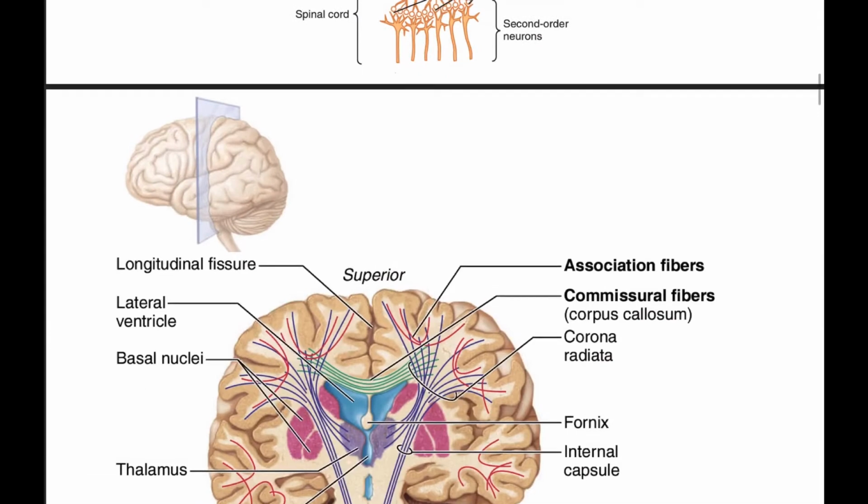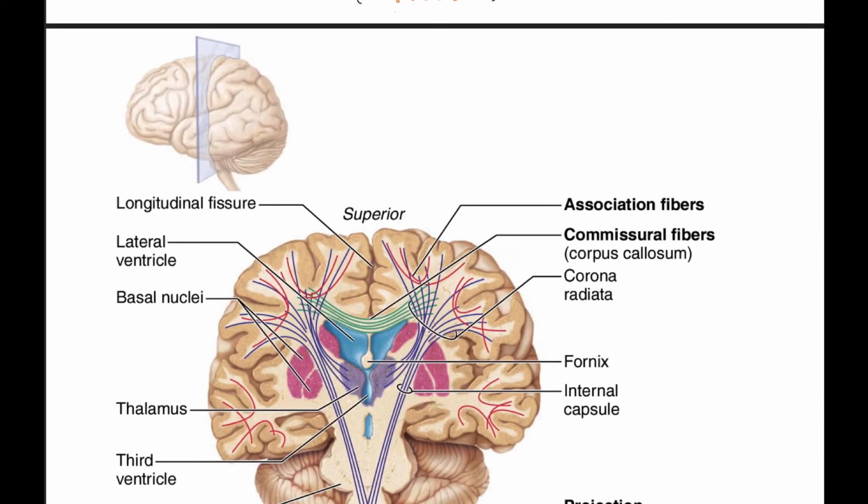The white matter distributed cephalocaudal, that is from top to bottom, in vertical position, forms the ascending and descending tracts. If the white matter is distributed from anterior to posterior, that is from the frontal lobe to the occipital lobe, they are called association fibers.